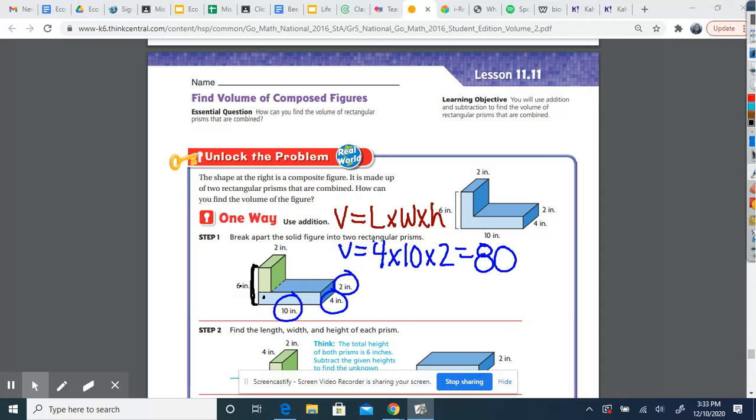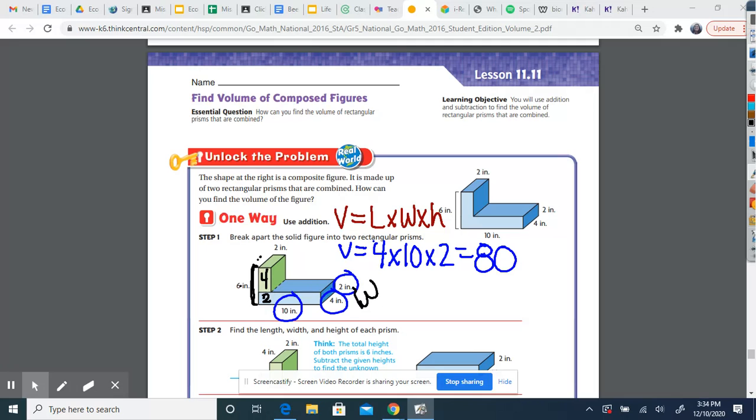So we know that the width of the blue rectangular prism is 2, so we'll need to put a 2 right here. Now we need to find the width of the green rectangular prism. So if we know that both of them combined equals 6, then 2 plus what equals 6. To find that, you can subtract 2 from 6, which would be 4.